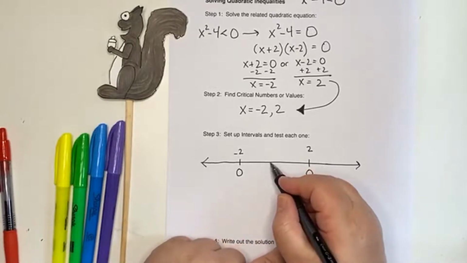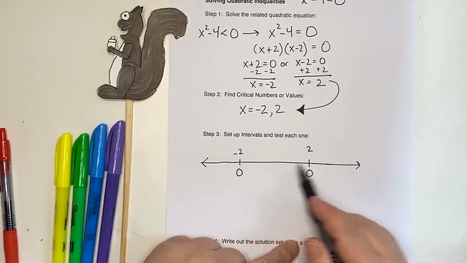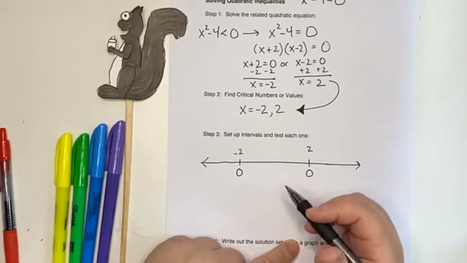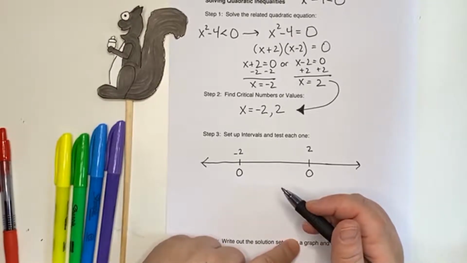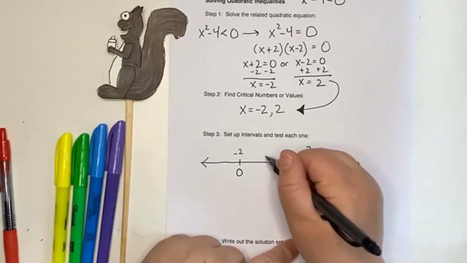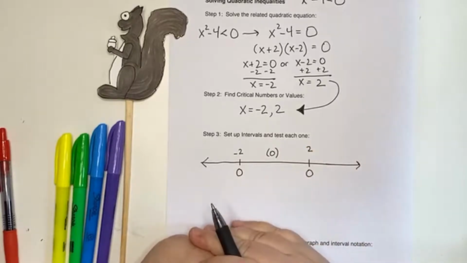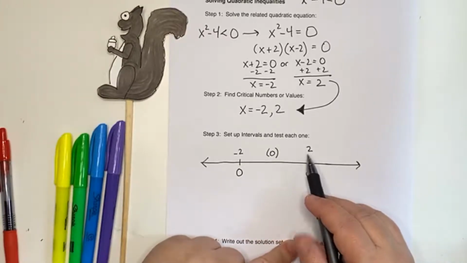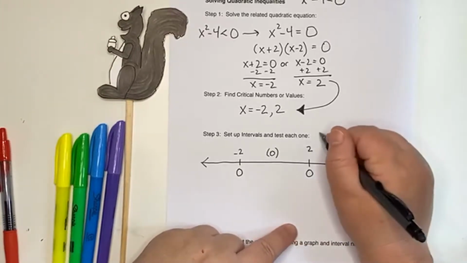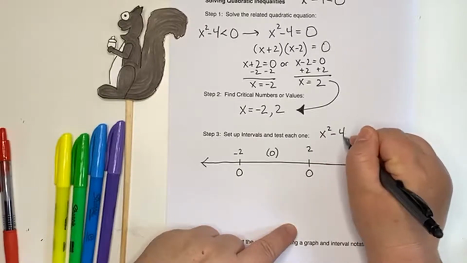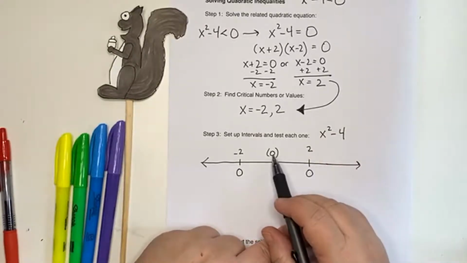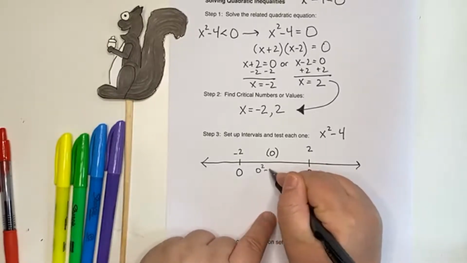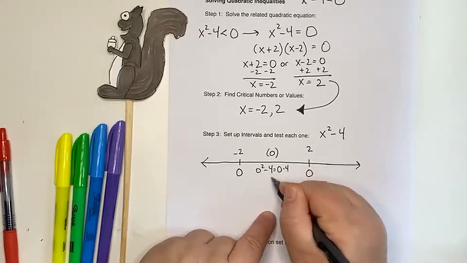If I pick a point in here between -2 and 2, so any point in there, you could say -1, you could say 0, you could say 1. If you wanted to, you could say 7/48. I don't know why you would, but you could. I'm gonna go ahead and pick the number 0. So if I pick the number 0, any number in between here, and I plug it into the expression x squared minus 4, this would be 0 squared minus 4. 0 squared minus 4 is 0 minus 4, which equals negative 4.